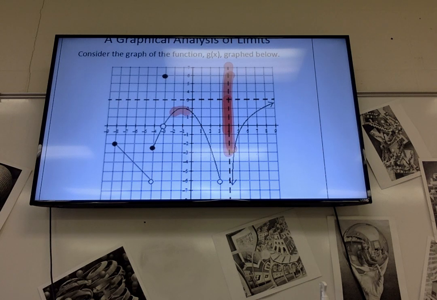So as I approach it from the left, now it's -6. Why'd you say 3? So we got the right thing. Oh, okay. Oh, you're looking at the x coordinate. All right.